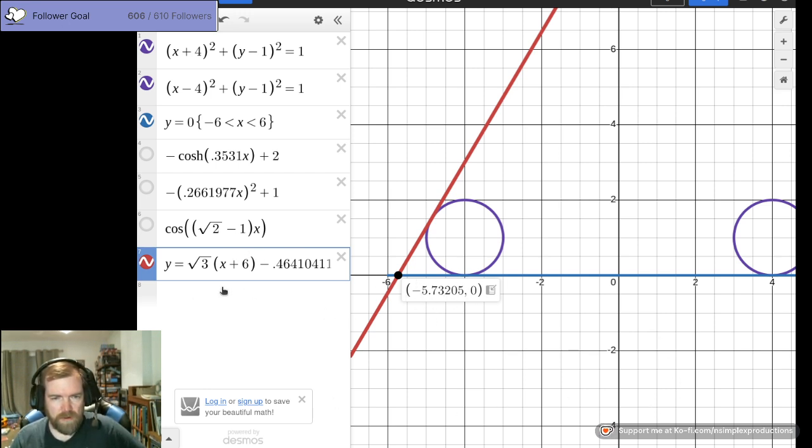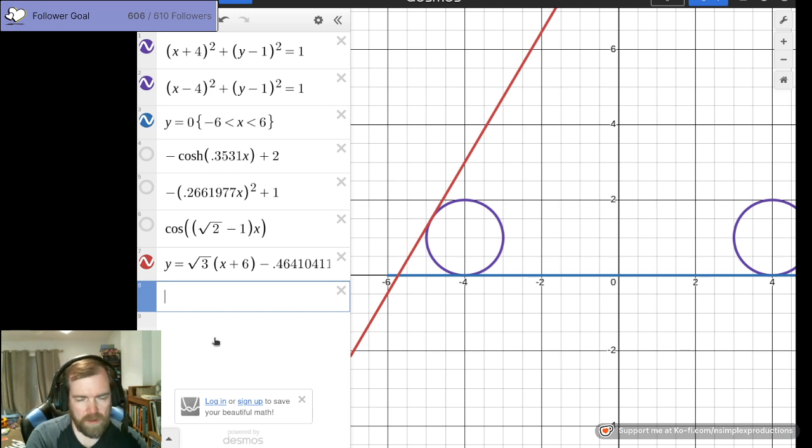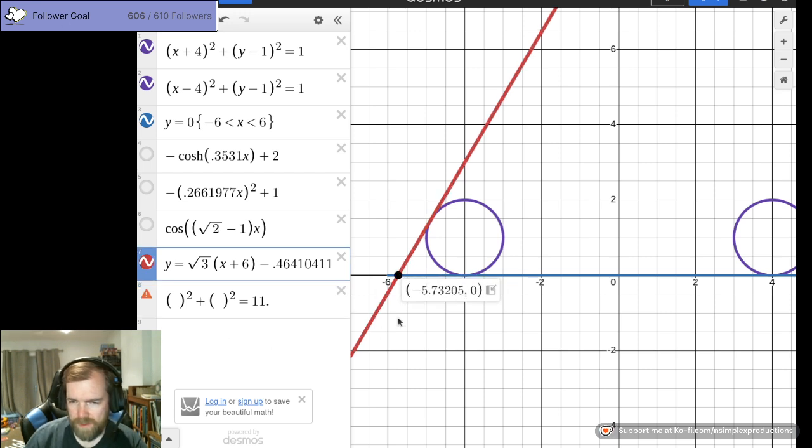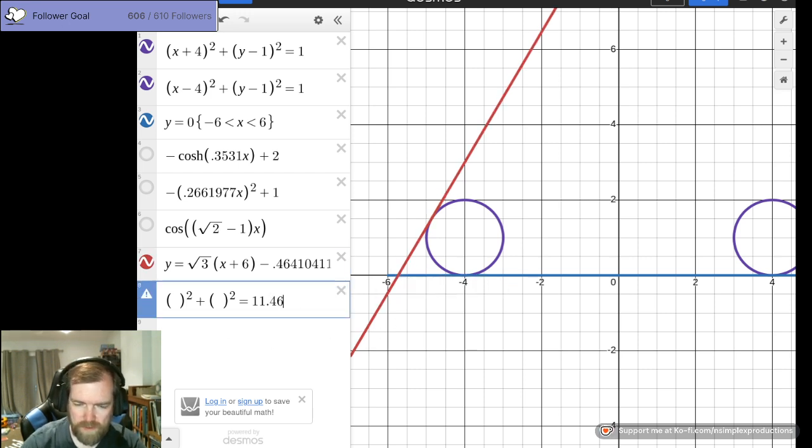Again, our x squared plus y squared equals 11.46 squared.